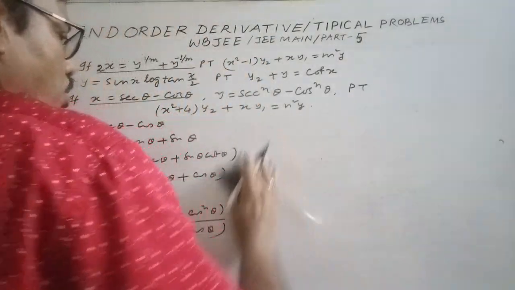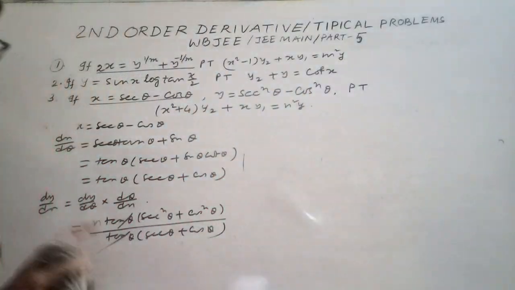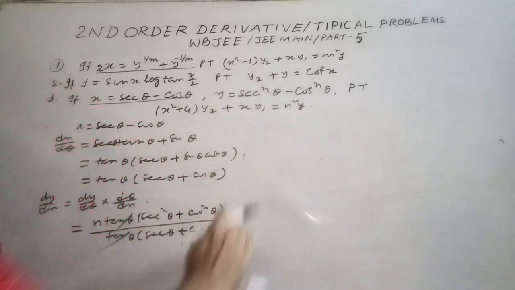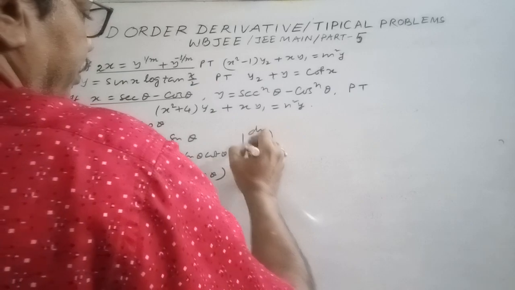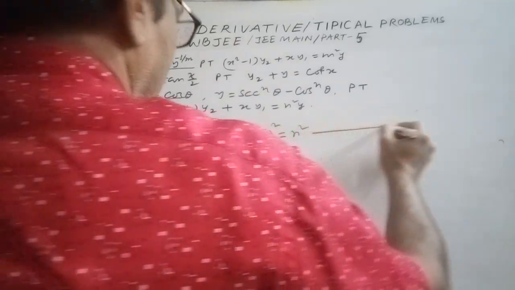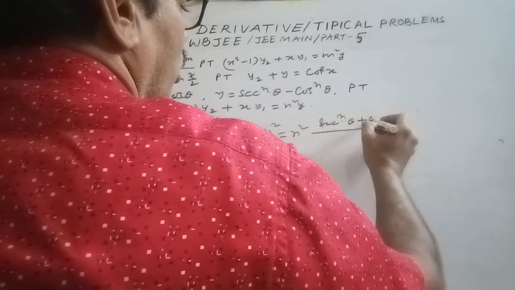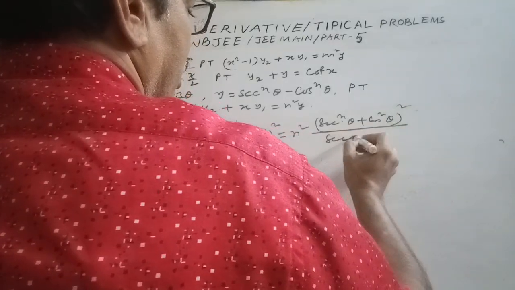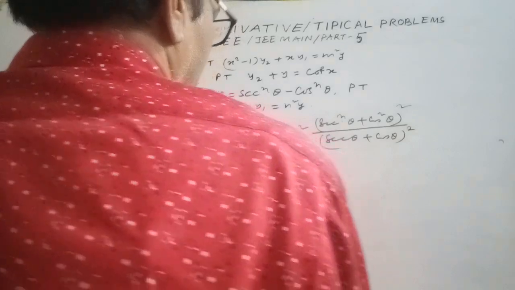Now we want to express it in terms of x and y, not in terms of θ, because the final result is in terms of x and y. So (dy/dx)² equals n² times (sec^n θ cos^n θ)² over (sec θ + cos θ)².